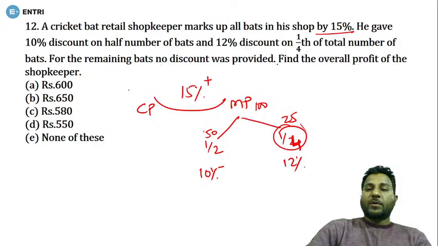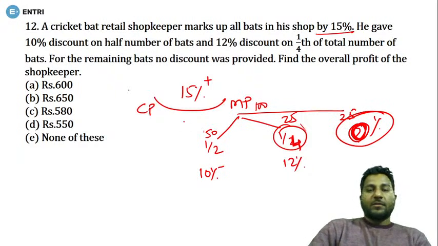Find the overall profit. So for the remaining 25, no discount. That means 0. The selling price must be similar. Find the overall profit of the shopkeeper. So how are you going to solve this one?